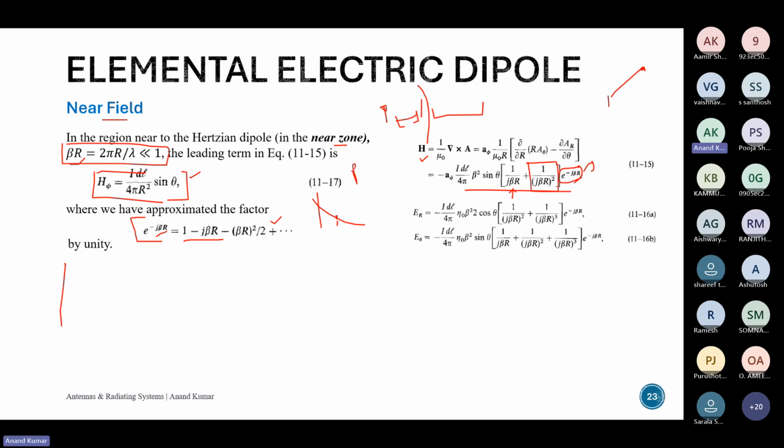So this beta r has to be less than 1. Yeah, it should be from this only.